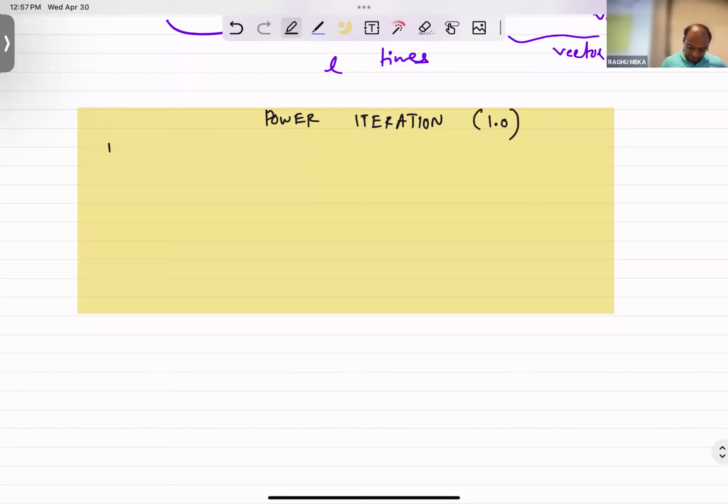Okay. So the first step is compute Y, which is X transpose X. Remember, we are given X and we want to compute the first singular vector, first principal component, and the first right singular vector of X, right?